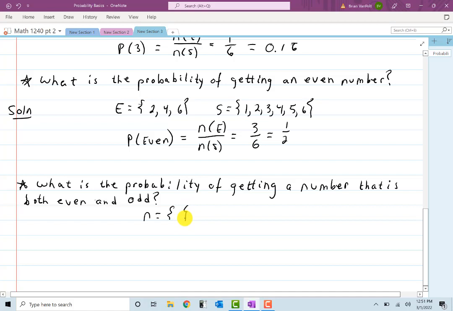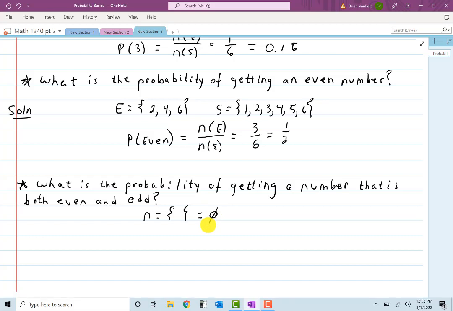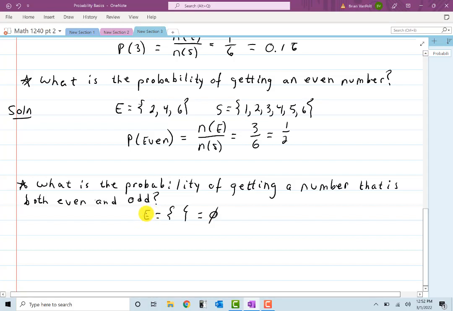It's an empty event. Many times they'll put this, a 0 with a slice through it to indicate something called the null set. Either way, that was the event E. Either way, the size of E equals 0.